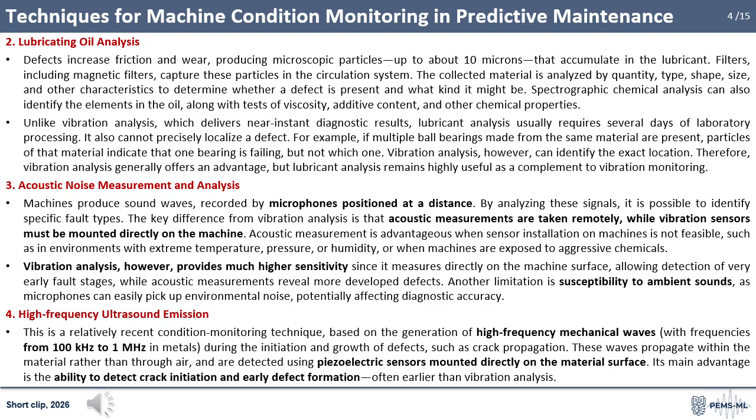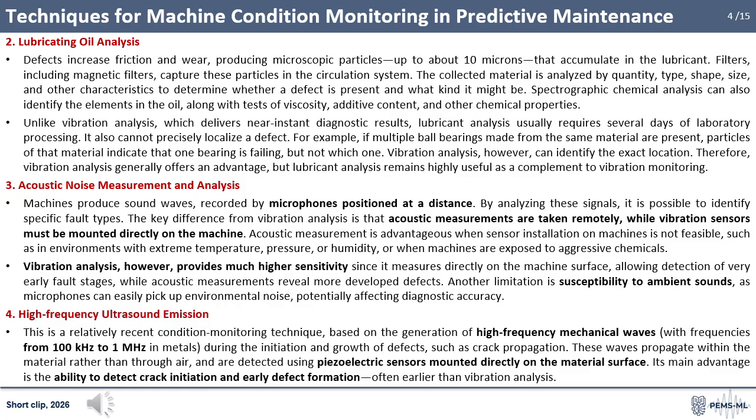For example, if several bearings are made of the same material, oil analysis can indicate that a bearing is failing, but not which one. Vibration analysis, in contrast, can localize the fault based on characteristic vibration patterns. Therefore, vibration analysis provides higher diagnostic capability, while oil analysis serves as a valuable complementary method.